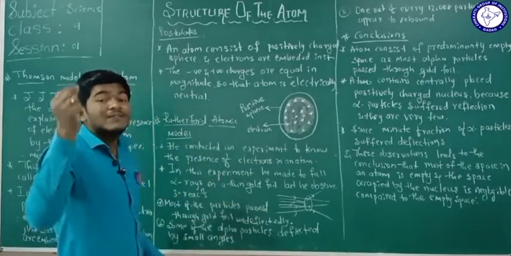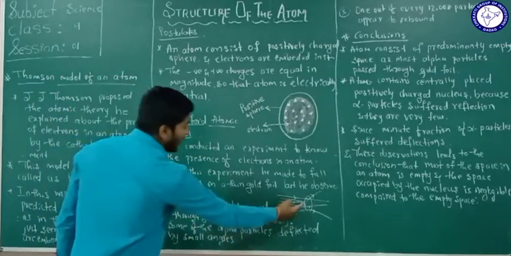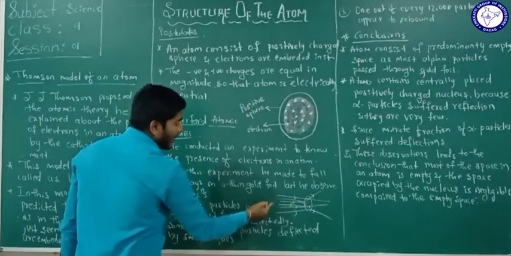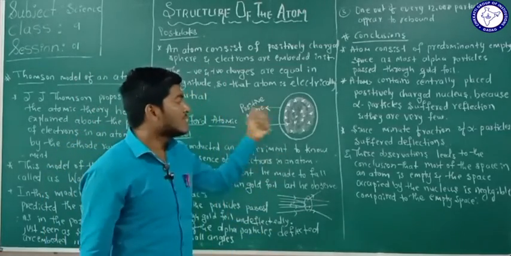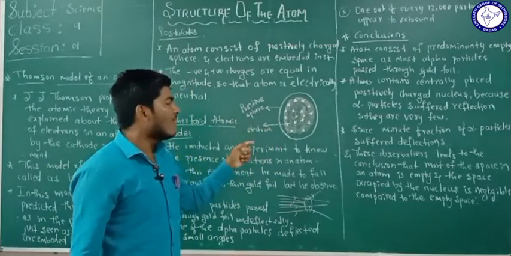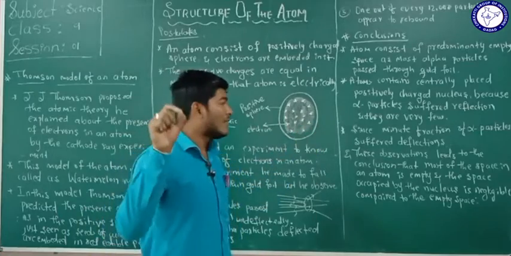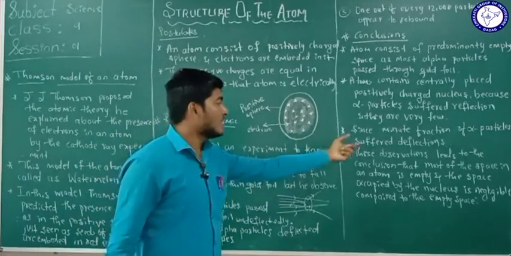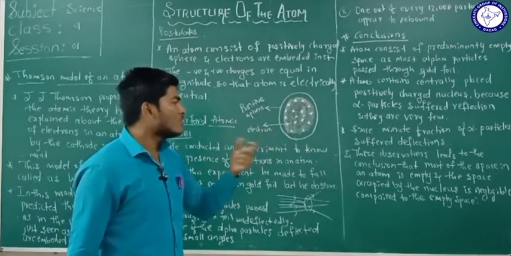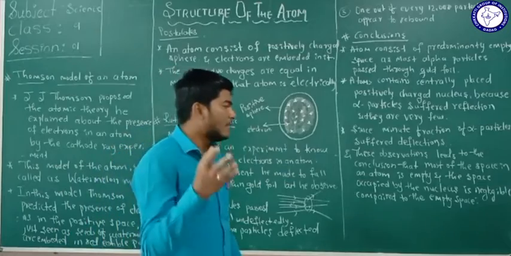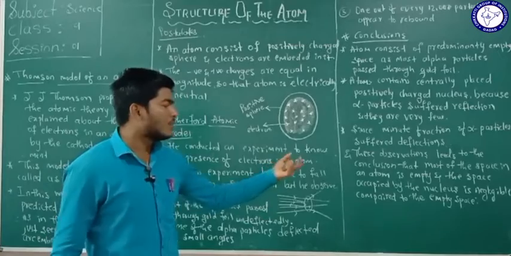Because only 1 out of 12,000 alpha particles is reflected, that is, rebounds. And the third conclusion: since minute fractions of the alpha particles suffer deflections, this leads to the conclusion that most of the space in an atom is empty and the space occupied by the nucleus is negligible compared to the empty space.